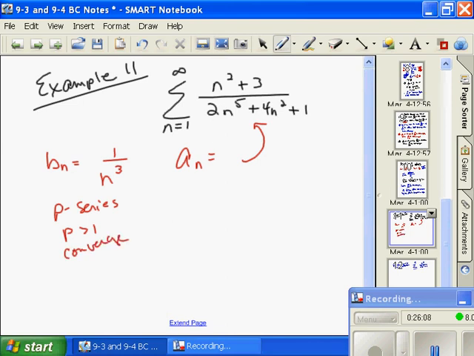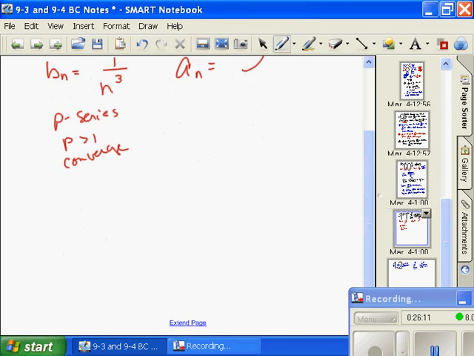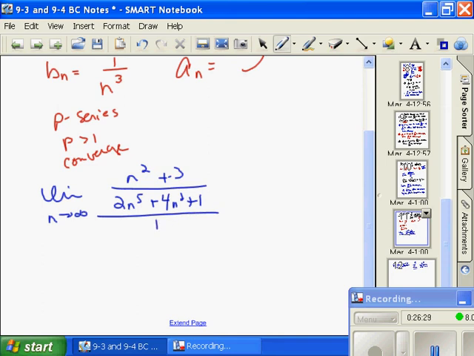Okay, so let's see what we get for our limit and see what category we can look at. I'm going to have the limit as n goes to infinity of my a sub n, which is n squared plus 3, all over 2n to the 5th plus 4n squared plus 1, all divided by 1 over n cubed.